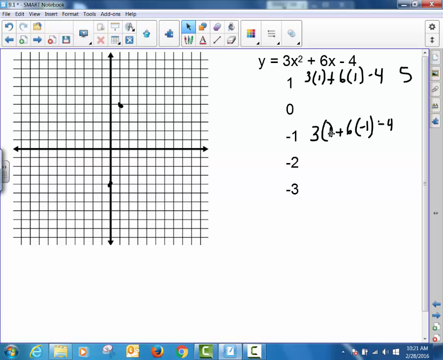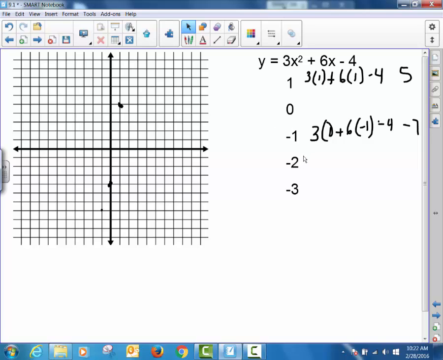So that gives us 3 minus 6 is negative 3, minus 4 is negative 7. So we come over here and we plug in negative 1, negative 7. Negative 1, 1, 2, 3, 4, 5, 6, 7.